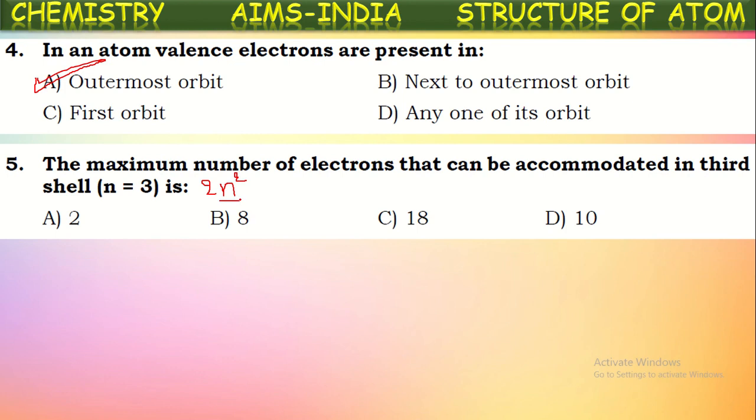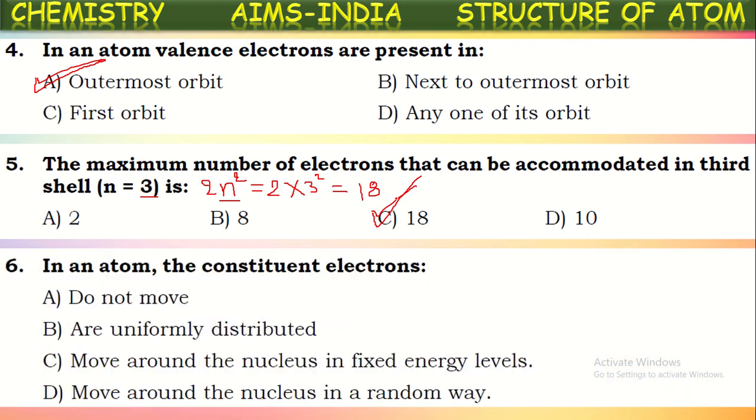Here, it is asked to find the maximum number of electrons that can be accommodated in the third shell, means n is equal to 3. If we substitute n is equal to 3 in this formula, we get 2 into 3 square. That is 18. So the third shell can accommodate a maximum of 18 electrons.